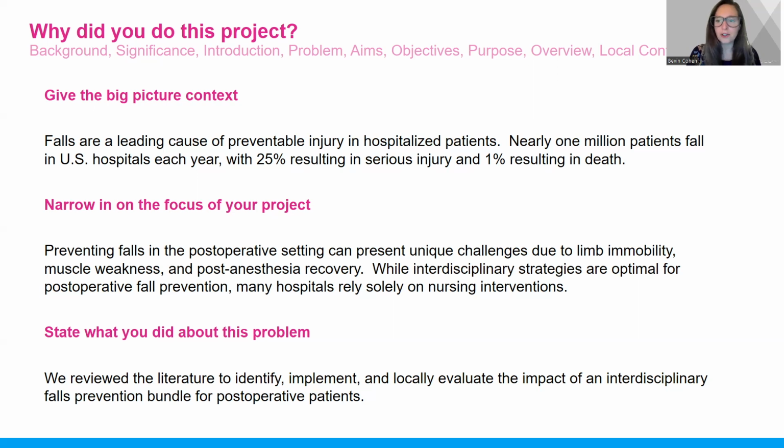So you can see that you're being really specific in this sentence. You're saying that you found an intervention by doing a literature review, you implemented it in your setting, and you evaluated it. So you're telling the structure of the project in this one sentence, and you're also telling a little bit about what the actual intervention is, an interdisciplinary falls prevention bundle for postoperative patients.